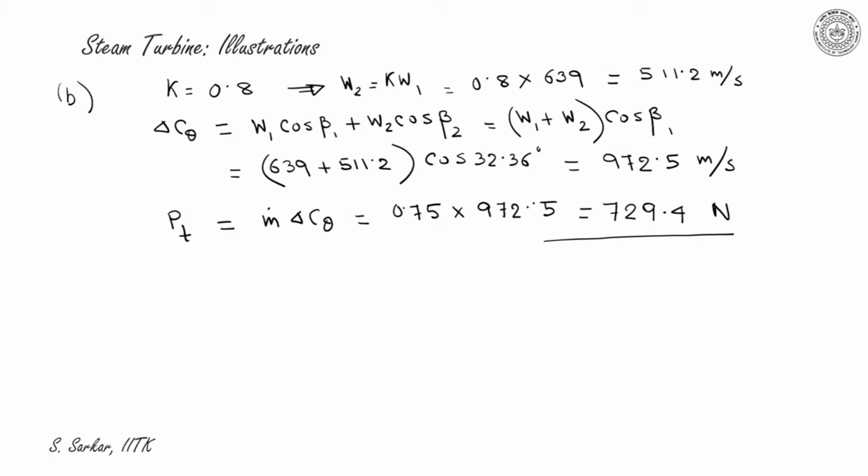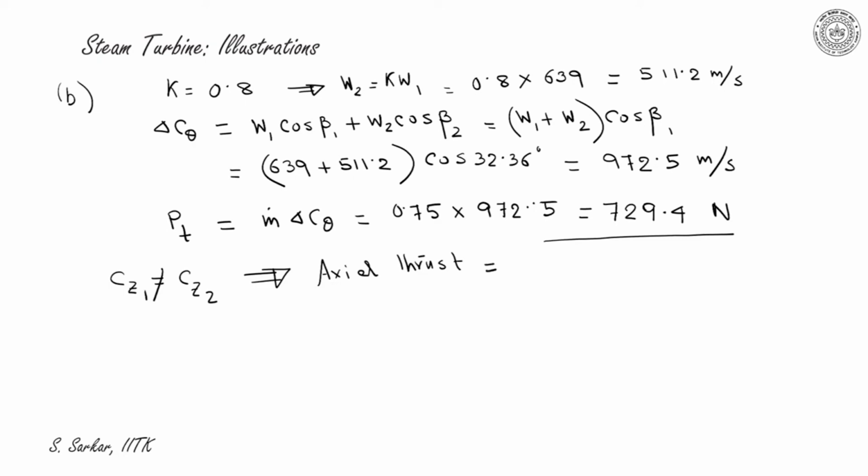Definitely there will be axial thrust now, since CZ1 would not be equal to CZ2. If you refer back to the velocity triangle, you realize that W1 and W2 are not equal. Hence CZ1 would not be equal to CZ2 here. Thus we'll now get axial thrust. What will be the value of axial thrust?